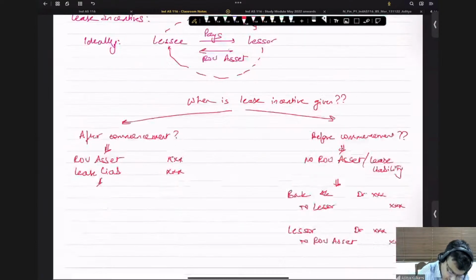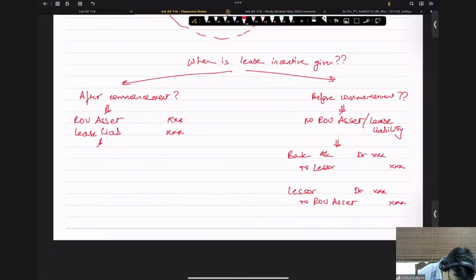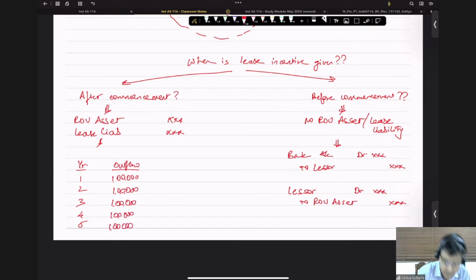Ideally, I calculate my lease liability like this: Year 1, 2, 3, 4, 5, outflow 1 lakh, 1 lakh, 1 lakh, 1 lakh, 1 lakh. Then I take the discounting factor and calculate my present value.